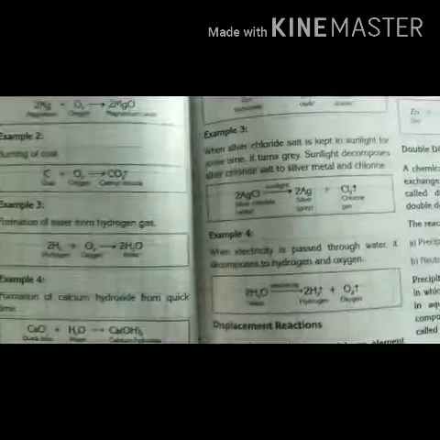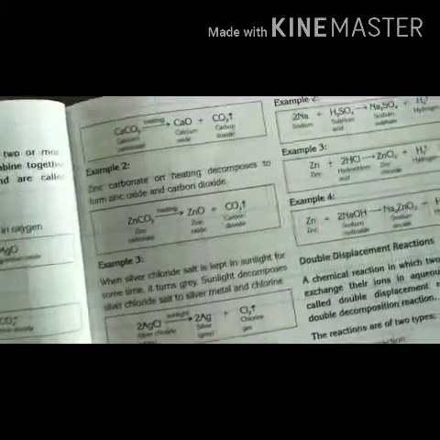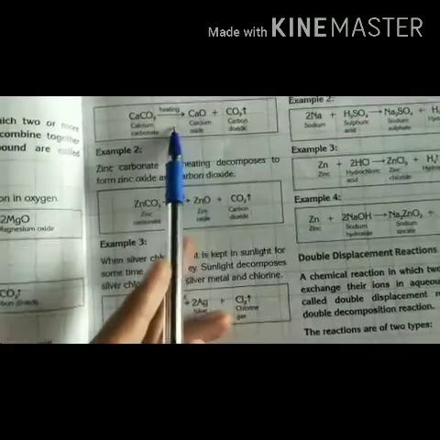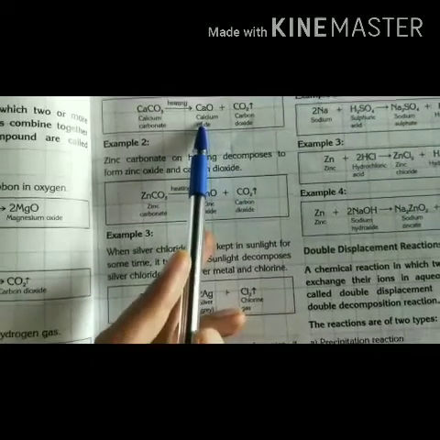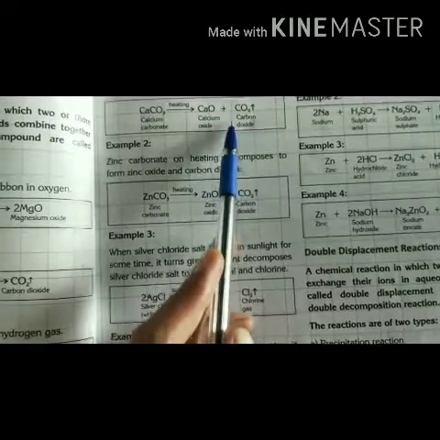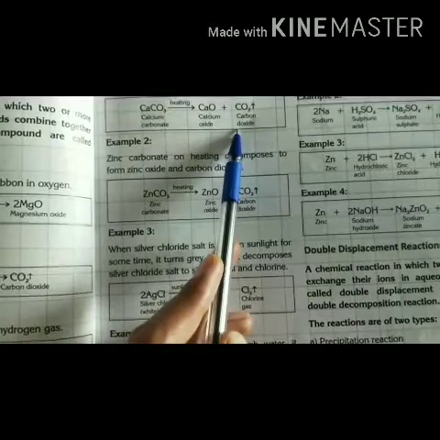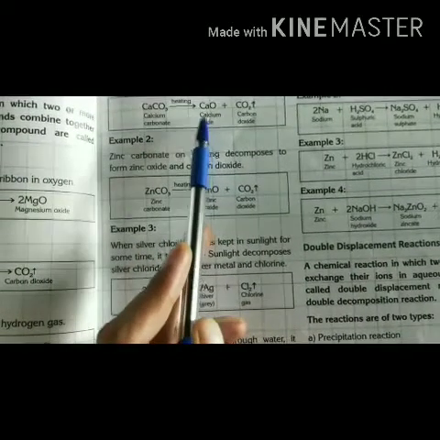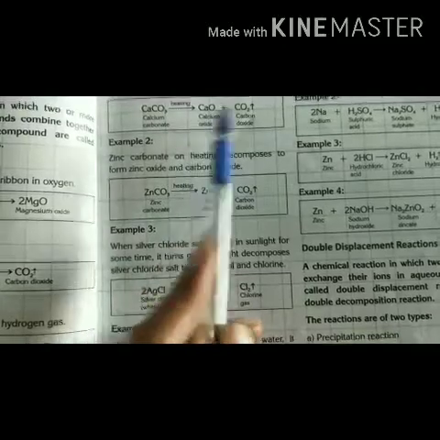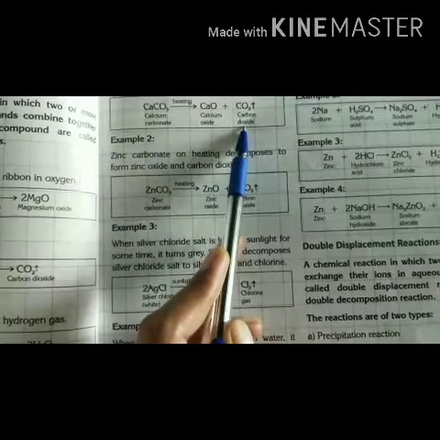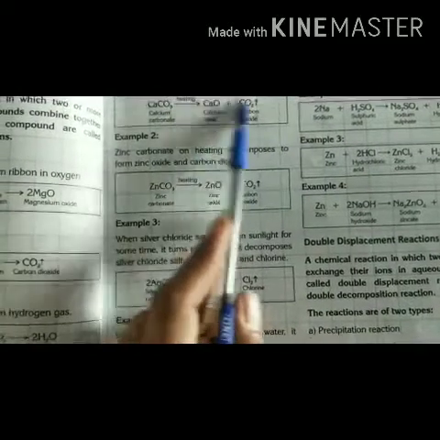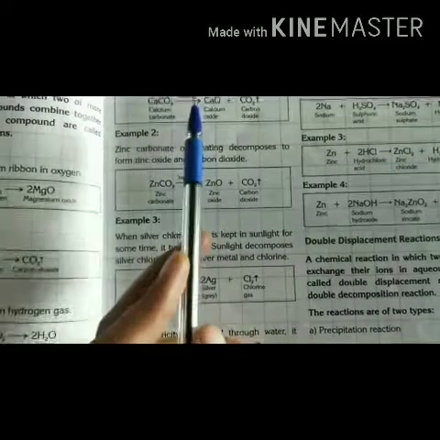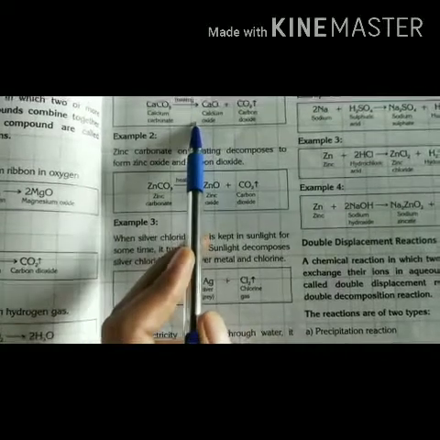Students, with the help of one example we can see this. Here you can see calcium carbonate. After heating it gets decomposed into calcium oxide and carbon dioxide. With the help of this example you can easily identify the process of decomposition reaction.